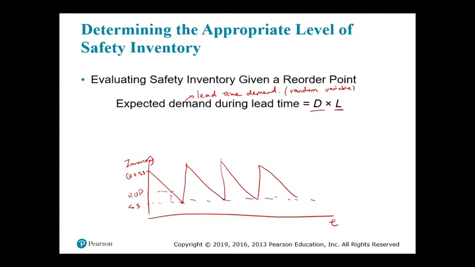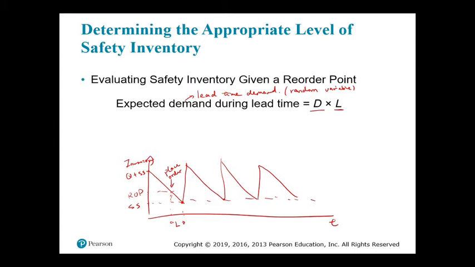Because if I place an order here, then the order is going to be received after L units of time, right?